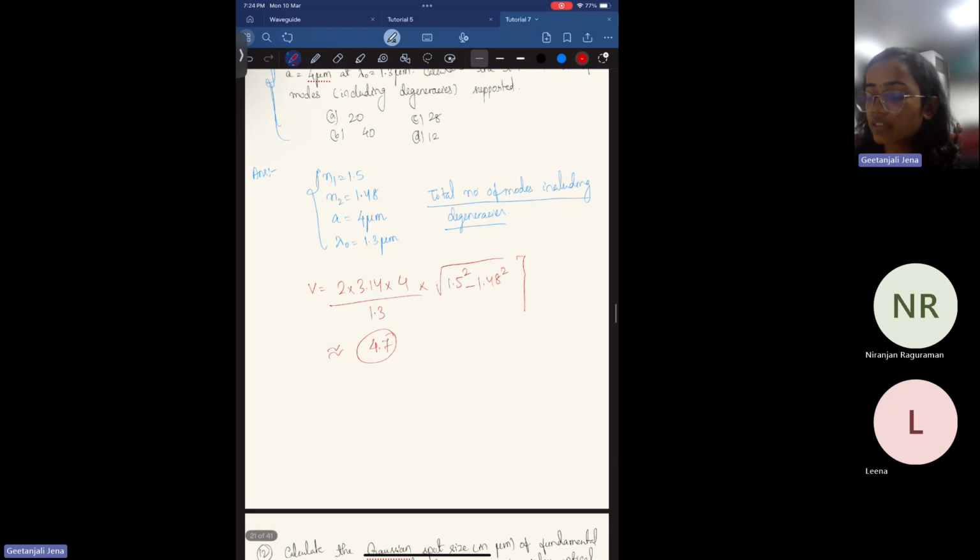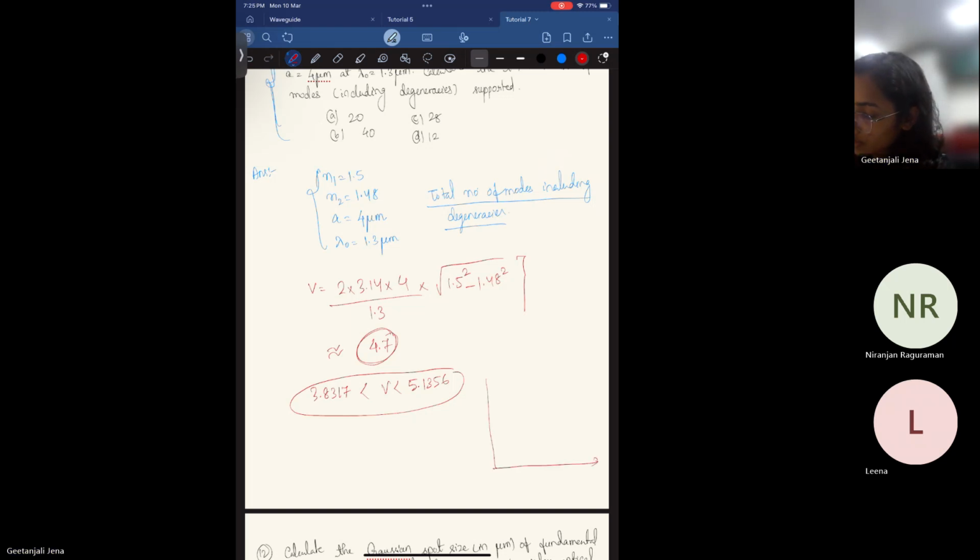So now you need to look at the cutoff condition, right? So this is greater than 3.8317, which is the cutoff for LP02 and LP21 modes, but it is less than 5.1356. So this is LP01, LP11, and LP02, LP21.